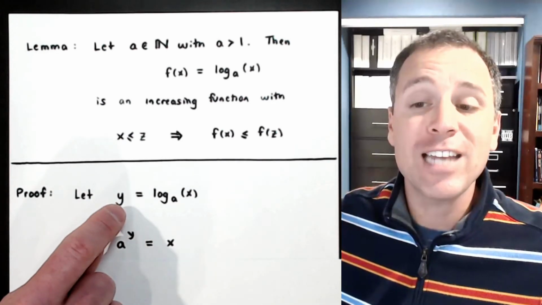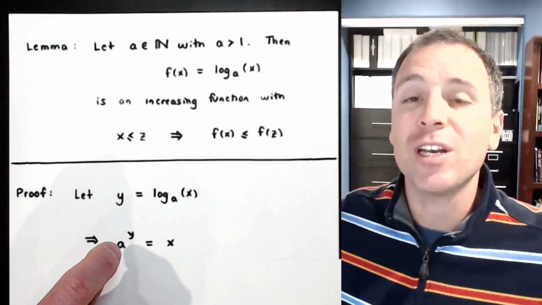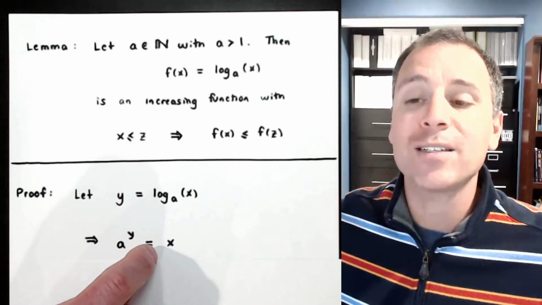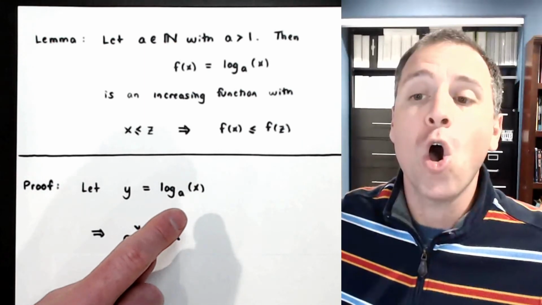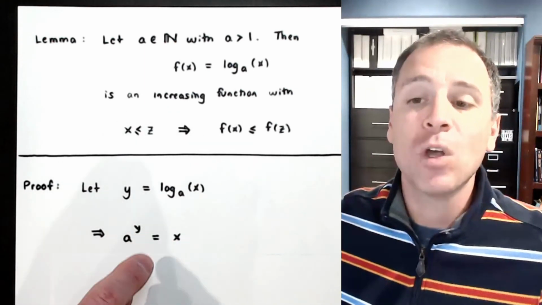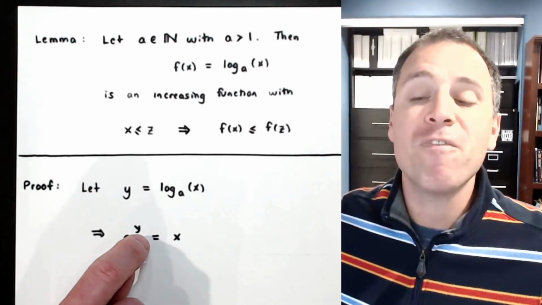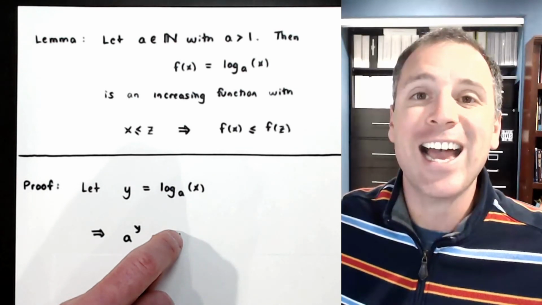So this statement, y equals log base a of x, is equivalent to the exponential notation a to the y equals x. In other words, when I take log base a of x, I'm asking the question, what do I have to raise a to in order to get x out? So y is the value of the exponent. Then when I take a to that value, I get x out.